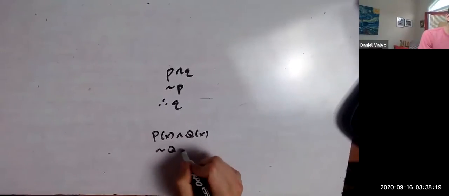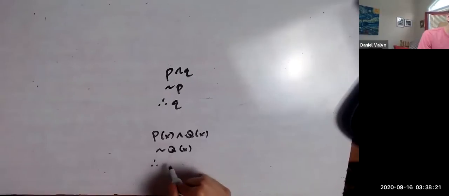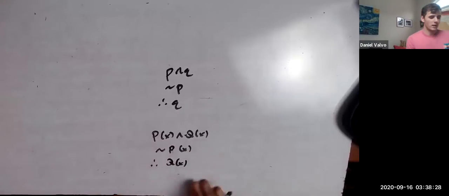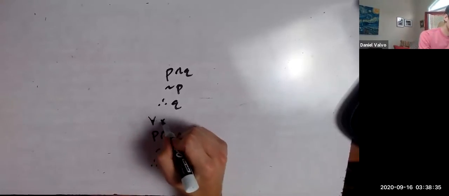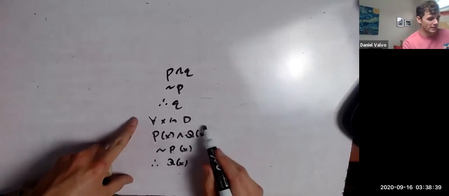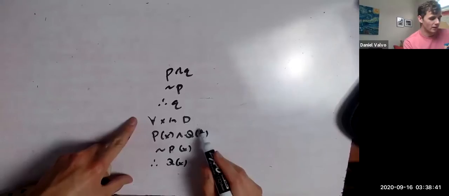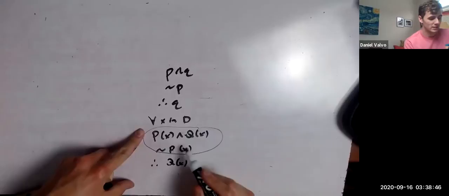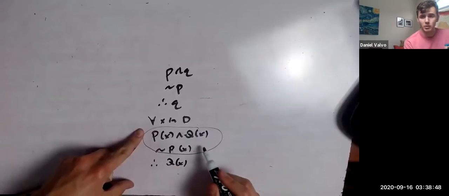So this right here is still totally true, just because for all x in D, if for each x it makes the premises true, once you plug them in, you get actual statements here.